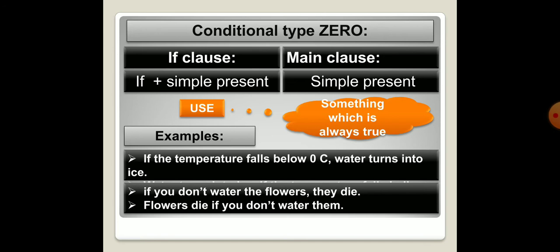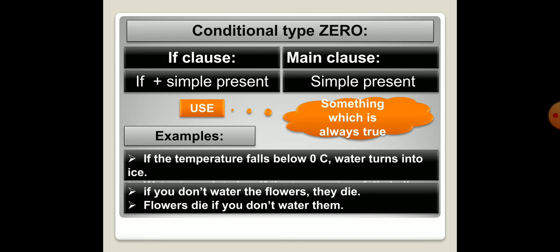If the temperature falls below 0 Celsius, water turns into ice. If you don't water the flowers, of course they die. These are facts, generally true all the time. So that's why we call it type 0.